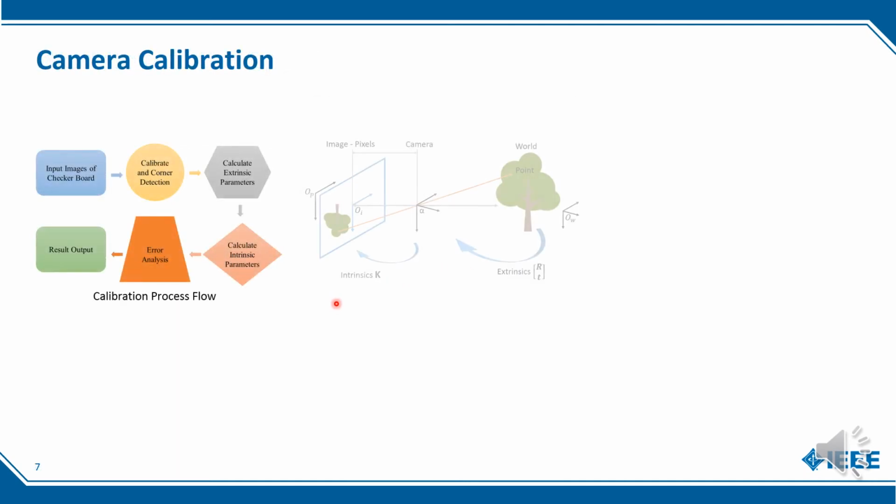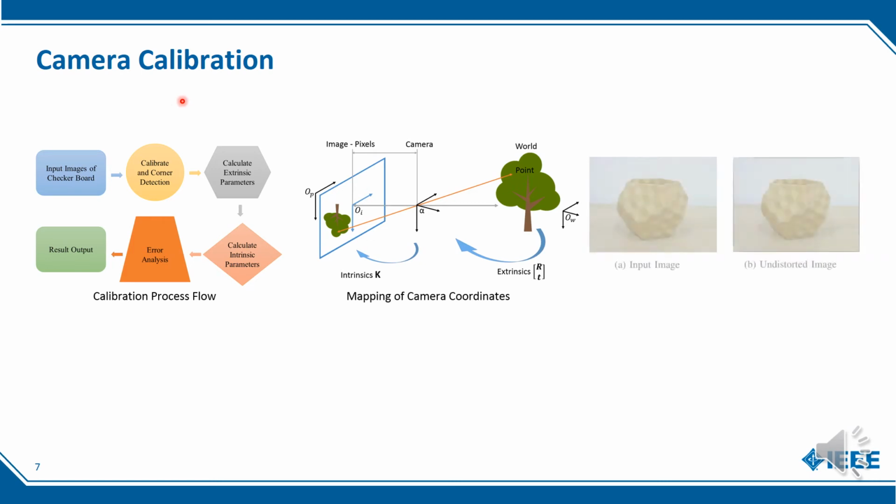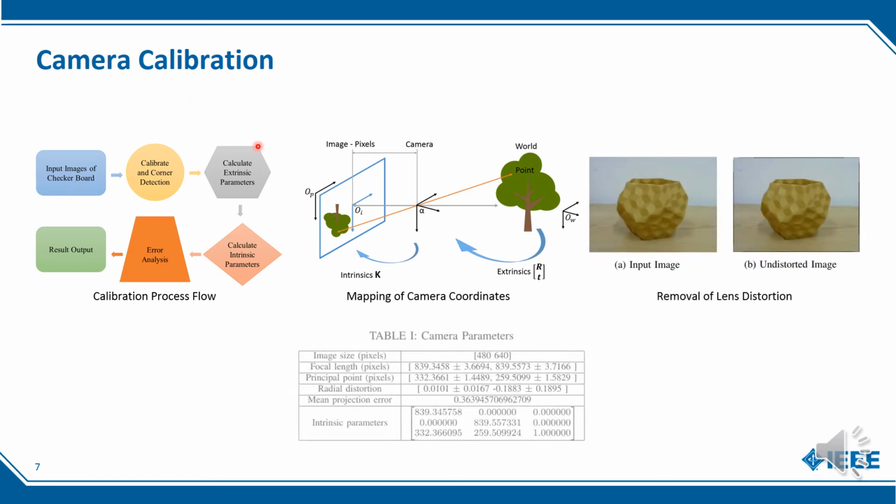First, we need to calibrate our camera before applying it to any specific application, and the calibration process uses camera parameters for the correction of lens distortion, measuring the size of an object, and estimating the location of the camera in the 3D world, and calculates its extrinsic and intrinsic parameters.